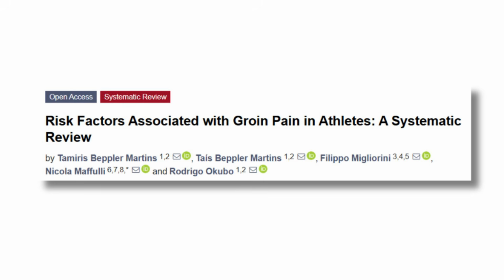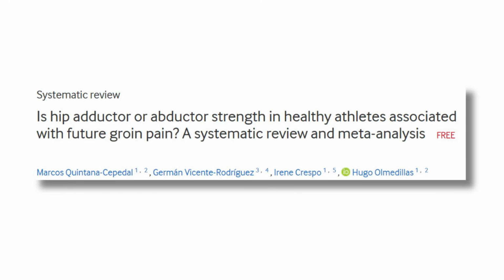So why do runners get adductor tendon injuries? Well, at the moment, there isn't any specific research on runners to say what the risk factors are, but there are some studies available for ice hockey as well as football and soccer. And those studies are showing that it's likely one of the causes might be when your adductors aren't as strong and in balance with your abductor muscles.